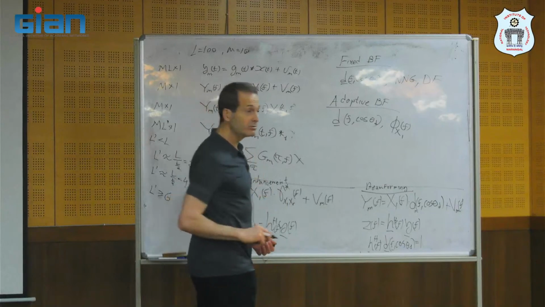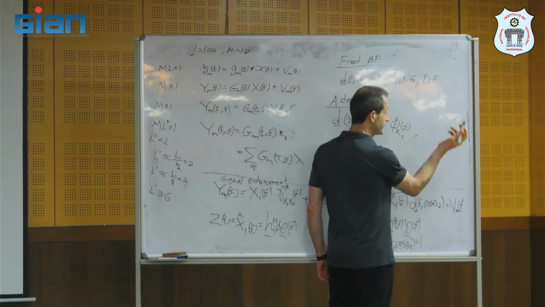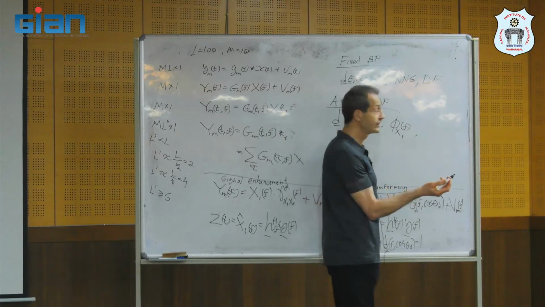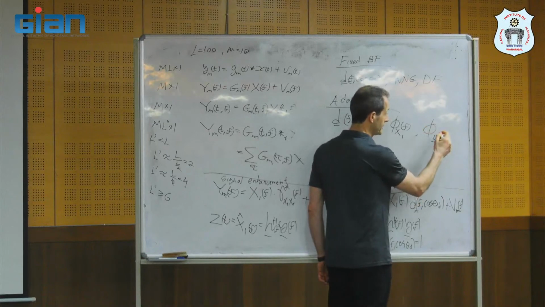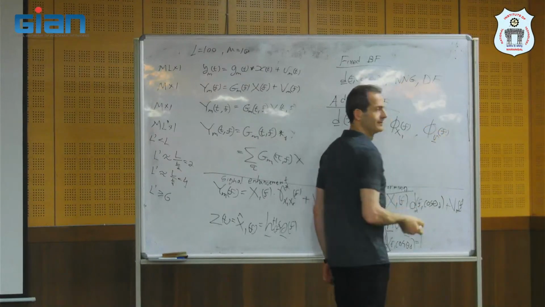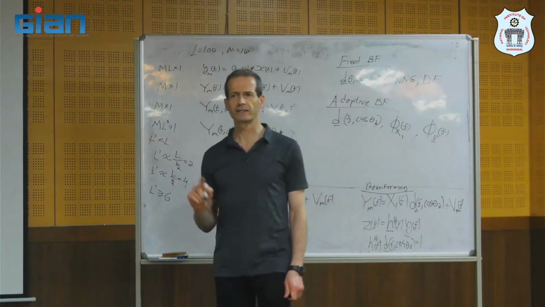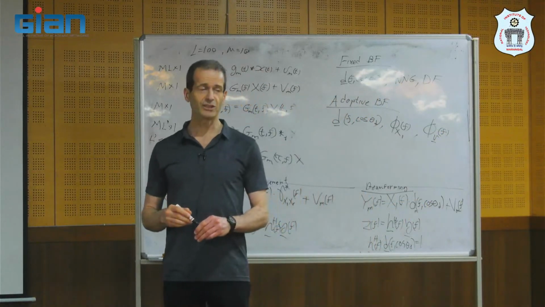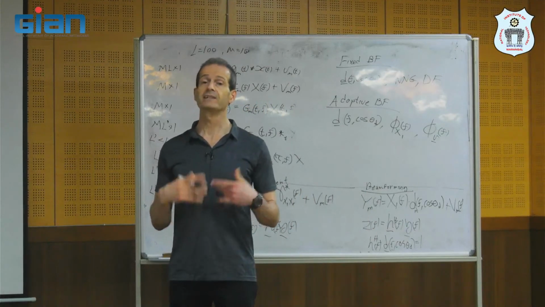I also know the correlation matrix of the noise, M by M. So it means that I know a lot of information with adaptive filtering. Actually, I don't know it exactly. I need to estimate.